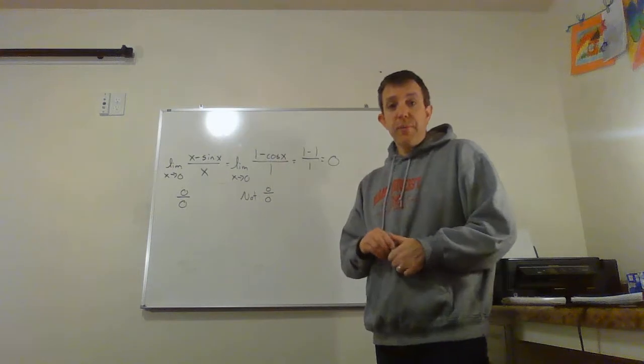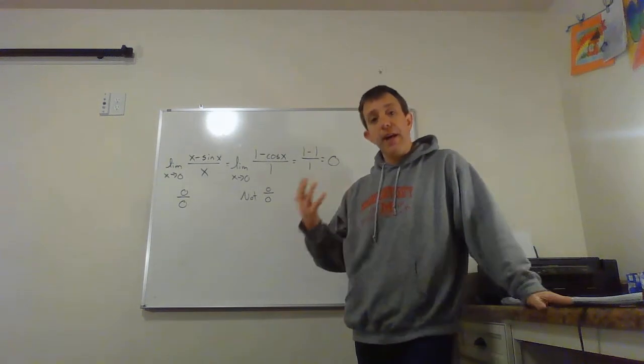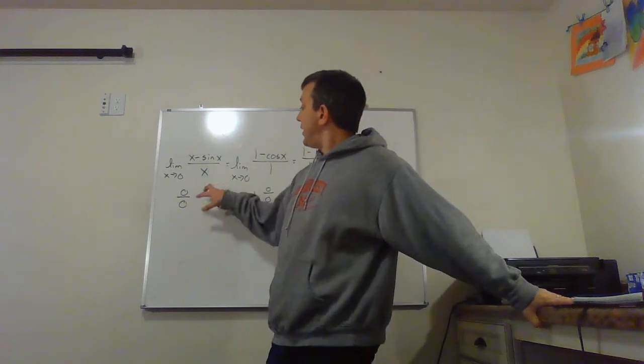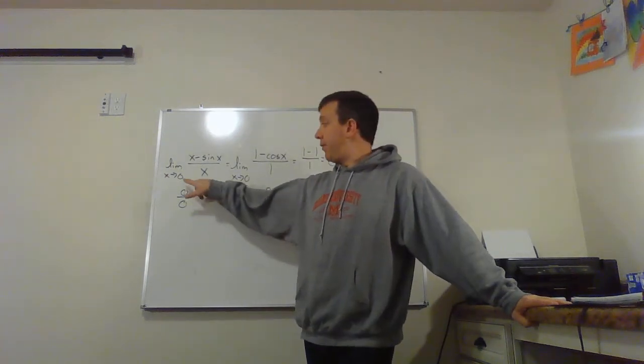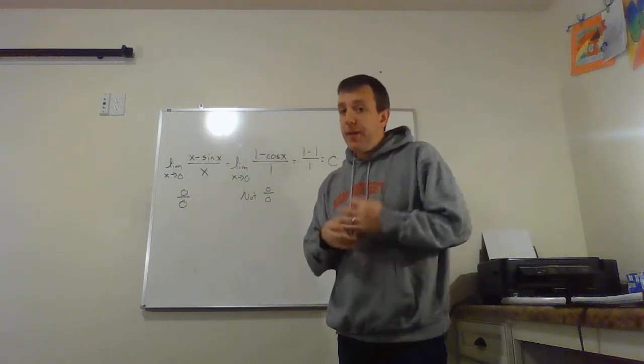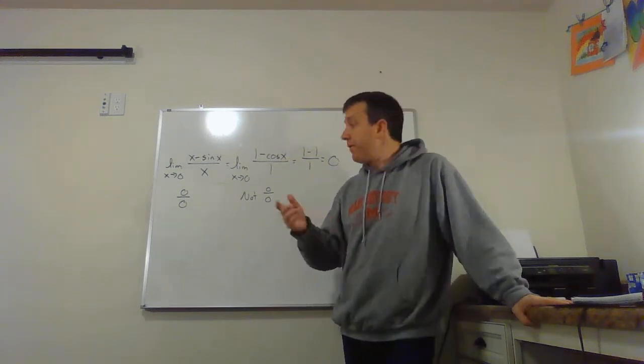Okay, so I just put on the board the first example that we already kind of looked at just briefly, and I worked it out this time using L'Hopital's rule. So importantly, again, it's a 0 over 0. If we plug in 0 on the top and plug in 0 on the bottom, both of them are 0. That means we can use L'Hopital's rule. So what I did is I just took the derivative of the top.